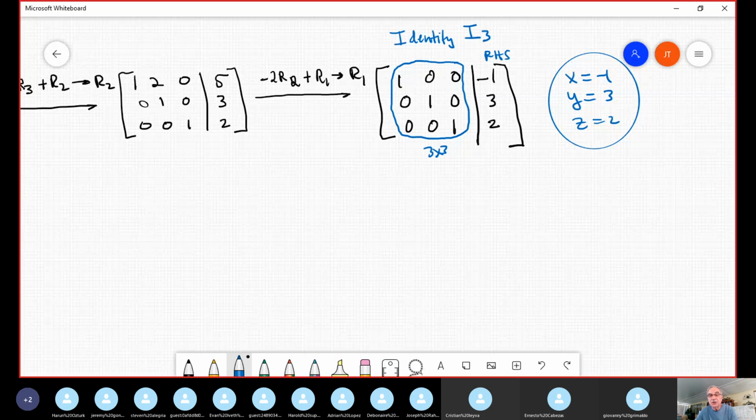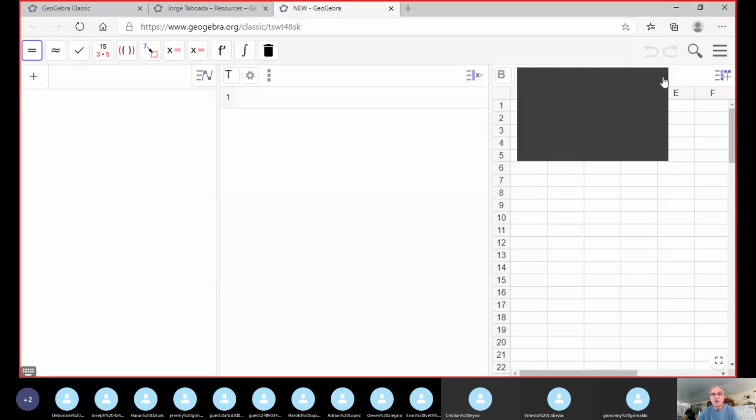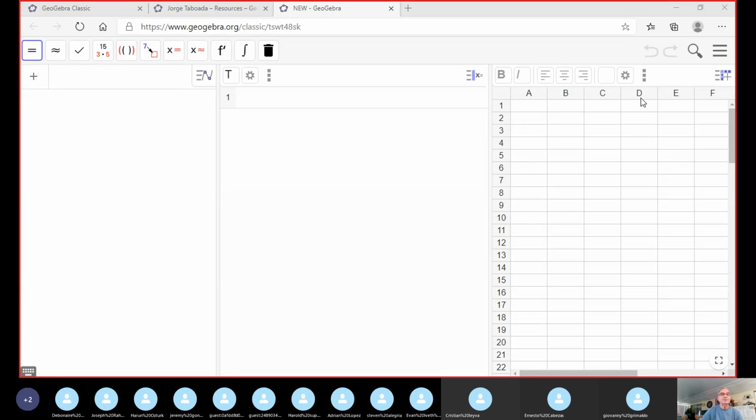Okay, share screen. Okay, switching to, there you go, Geogebra. Do you see that, Geogebra? Yes, sir, we do.